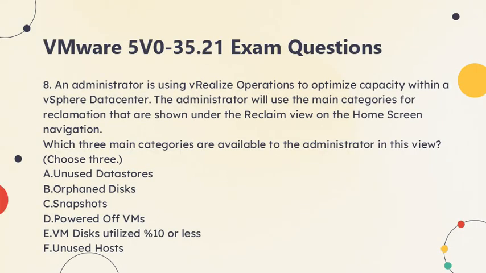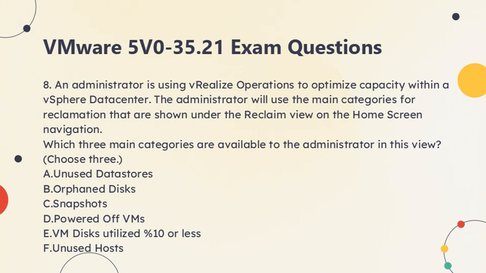8. An administrator is using vRealize Operations to optimize capacity within a vSphere data center. The administrator will use the main categories for reclamation that are shown under the Reclaim view on the home screen navigation. Which 3 main categories are available to the administrator in this view?